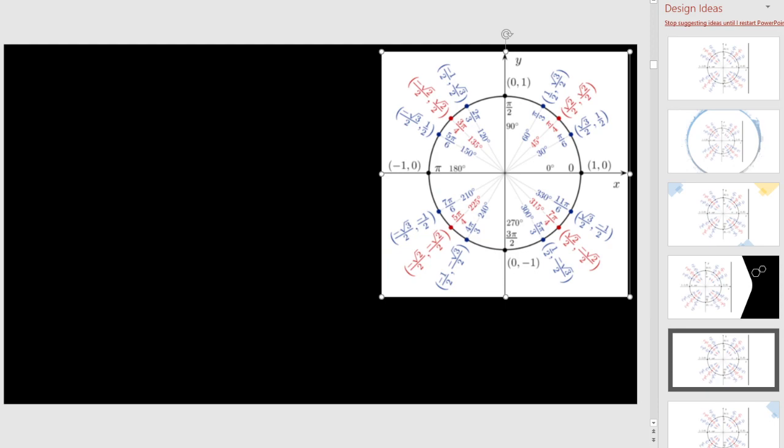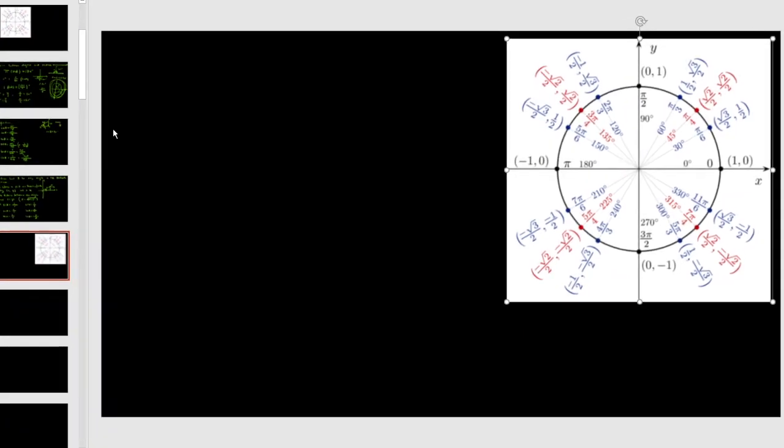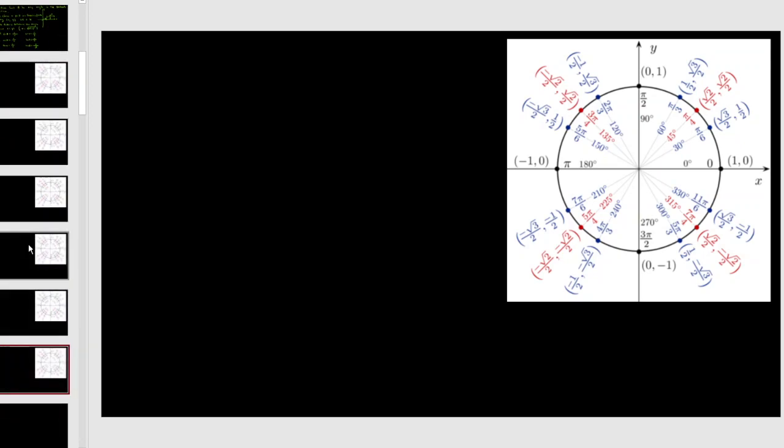Okay, we start from a simple one. Now, for example, find all the trig values.